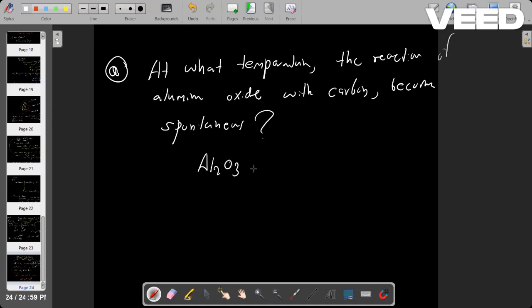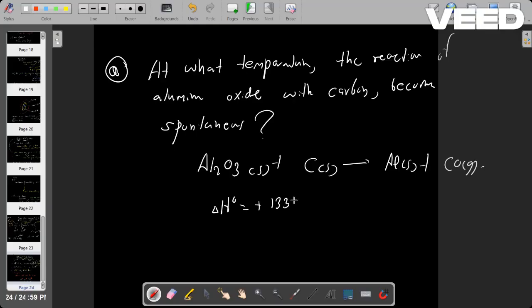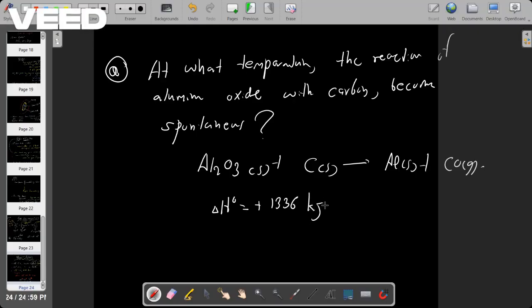They may ask you whether the reaction is feasible or not, and in this way also they can ask. Always balance the equation, or check whether it is balanced properly. For this reaction, the enthalpy change is plus 1336 kilojoules per mole, and the entropy change is plus 581 joules per Kelvin per mole.